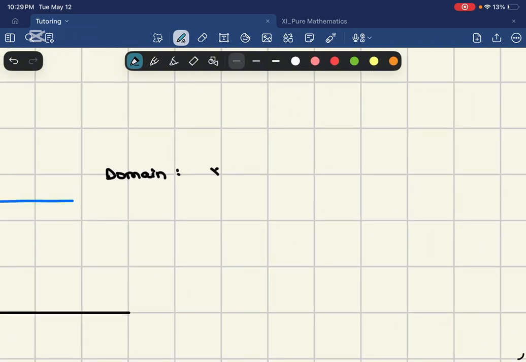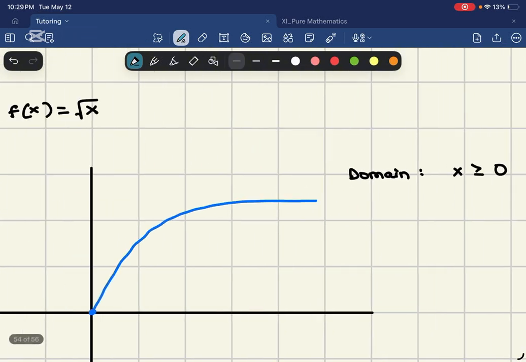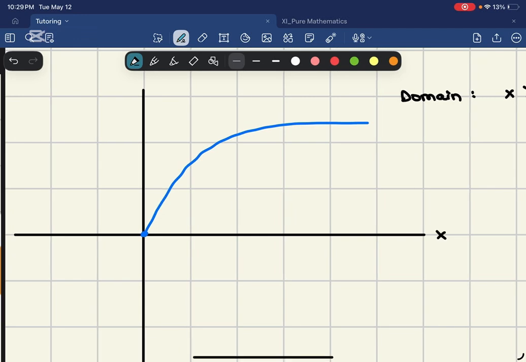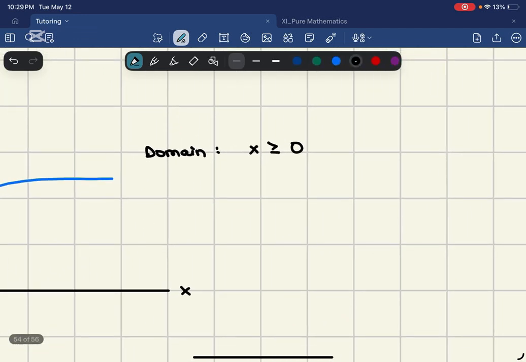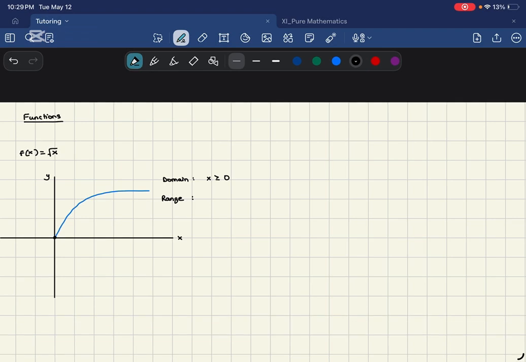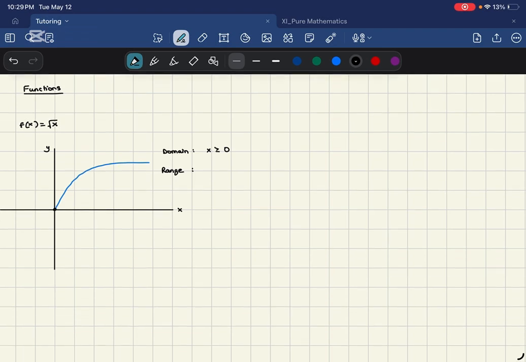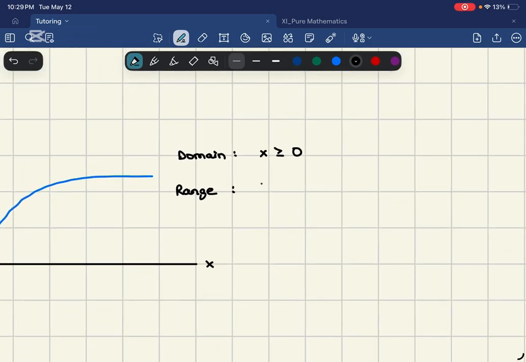So domain is x has to be bigger than or equal to 0. X, this is my x-axis, has to be bigger than or equal to 0. And my range, again, if you take the square root of a positive number, you're not going to get anything that is negative, right? So your range is going to be f of x is bigger than or equal to 0 as well.